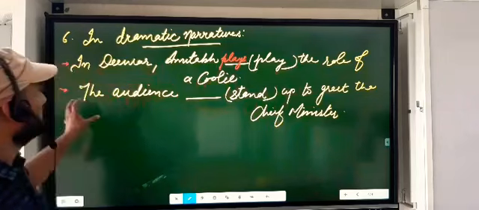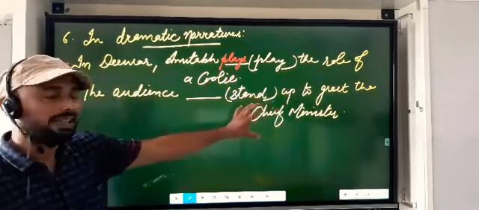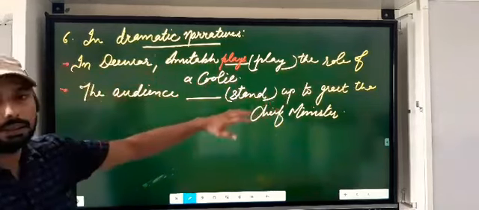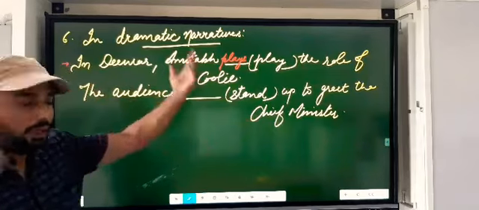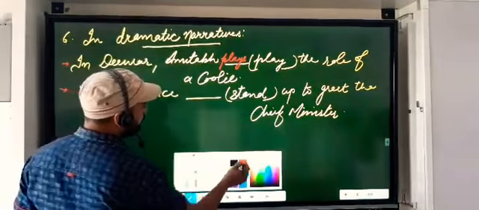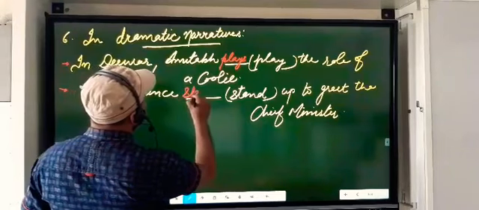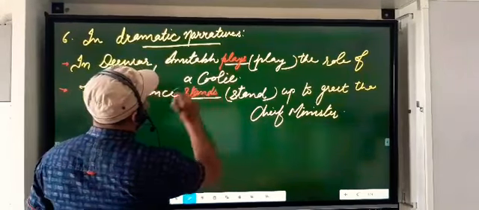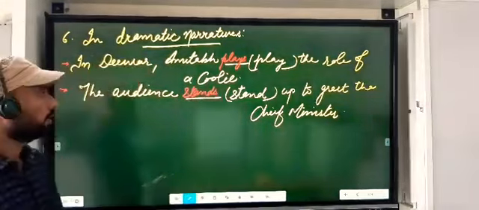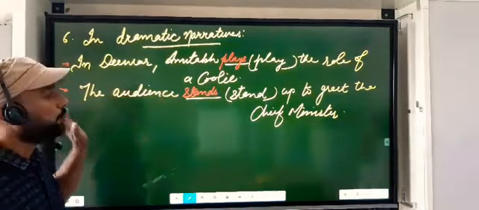Here also the audience describes some activity just like some dramatic narrative, some serials, some play, some rallies. So here also present indefinite tense is used.